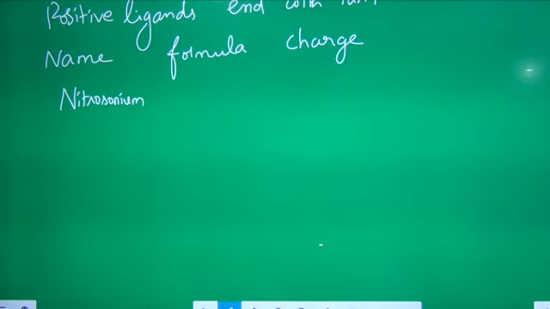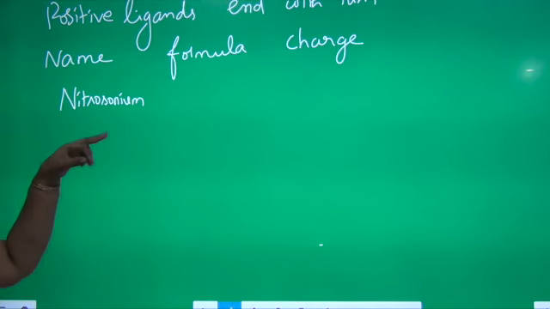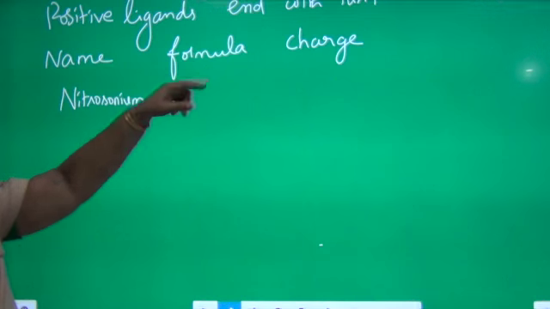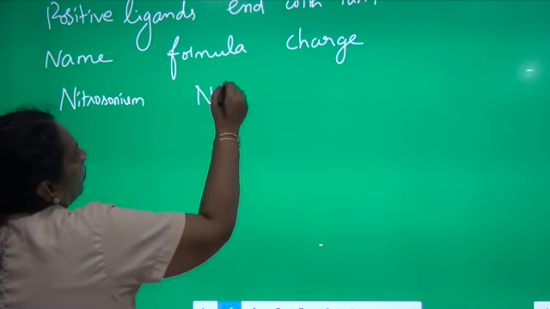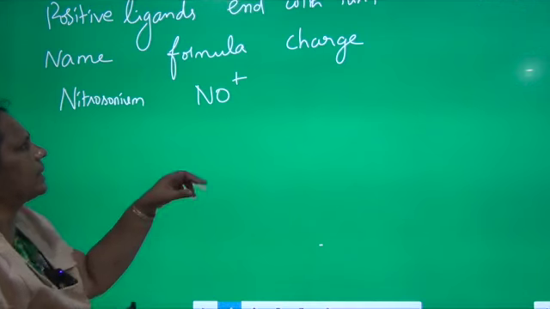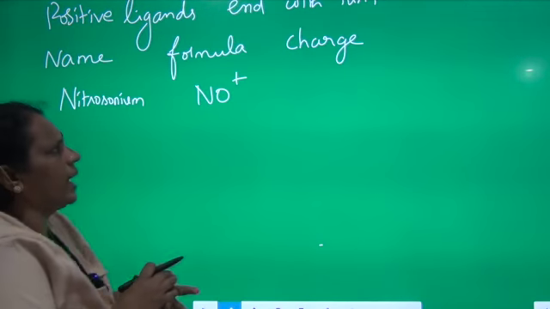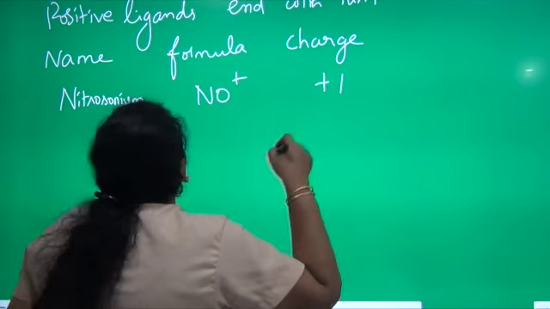The name of the ligand is nitrosonium because it is a positive ligand. So I told you positive ligands will be ending with IUM. So nitrosonium, the formula is NO plus. Here this ligand has only one positive charge, so the charge will be plus 1.